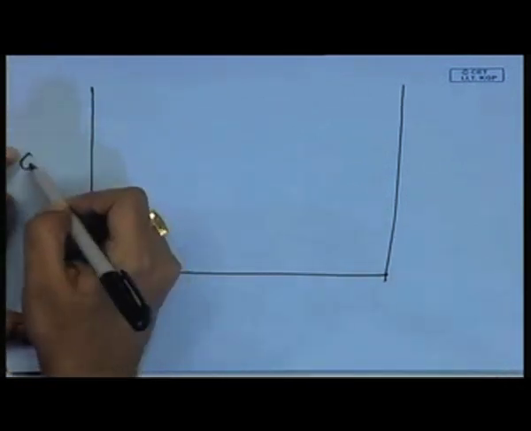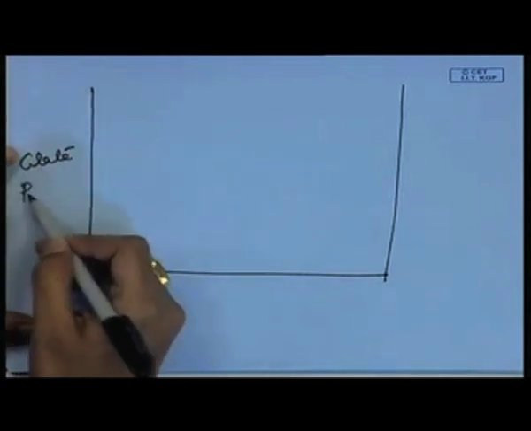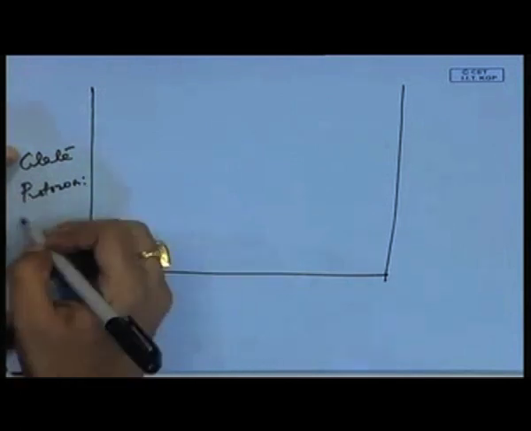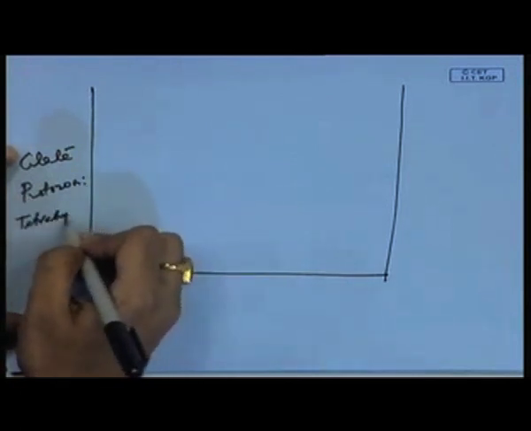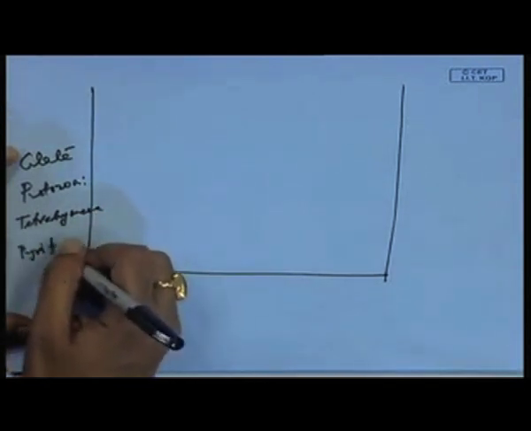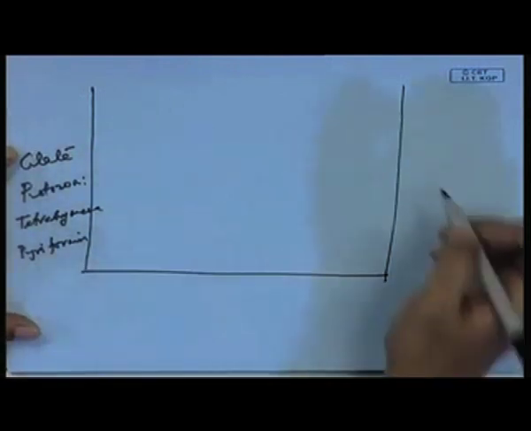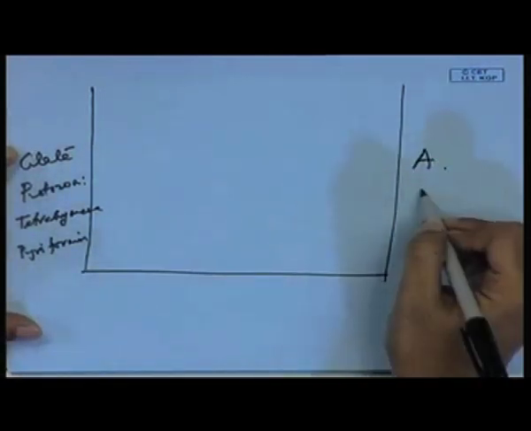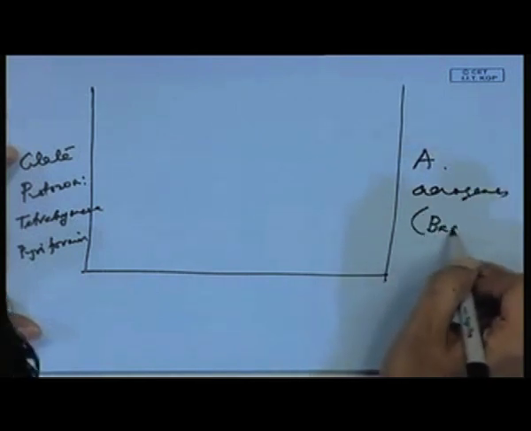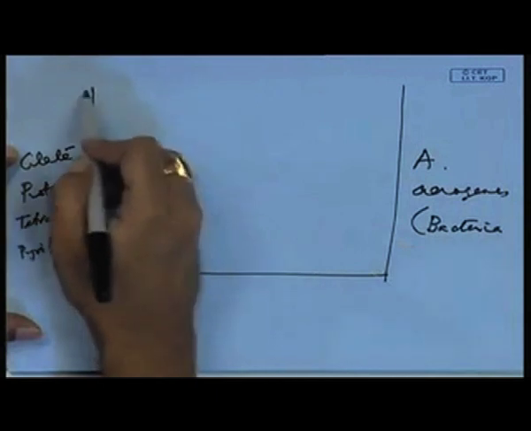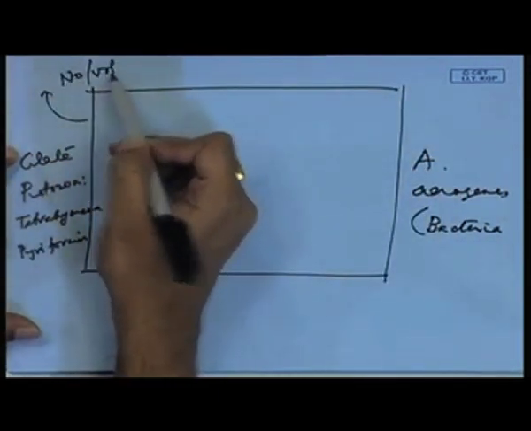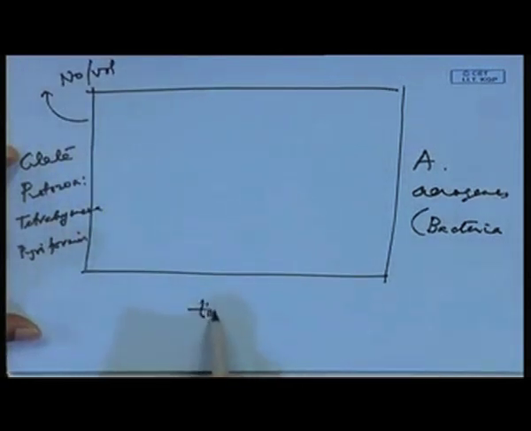So, ciliates, this is a protozoa, its name is Tetrahymena pyriformis, okay, and the bacteria is Aerogenes. Okay, this is a bacteria, and the y axis is essentially number per unit volume. Okay, the x axis is time.